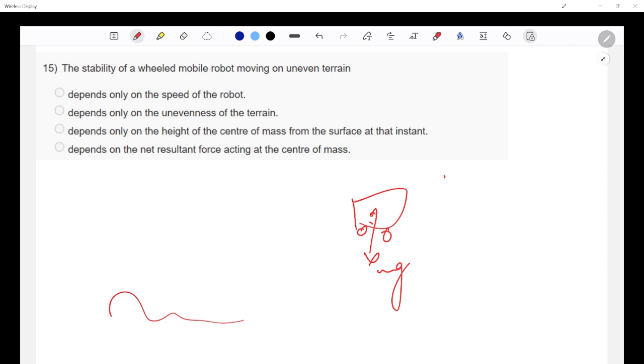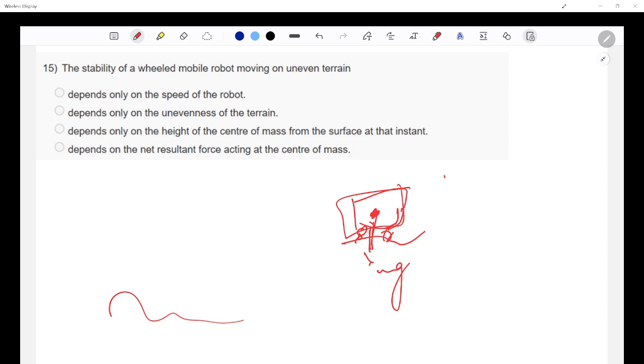There could be some inertial forces due to motion, and then there are contact forces here. These combine into the net resultant force at the center of mass. Now, if the resultant force falls such that it moves beyond the support polygon, the robot tips.